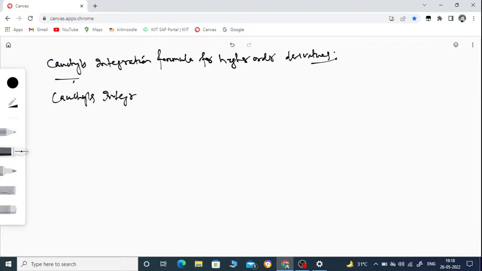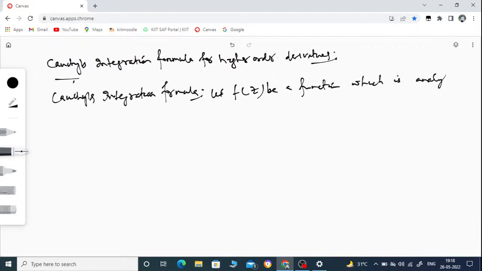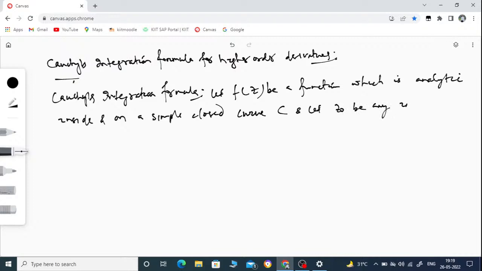We already know from my last class that f of z is a function which is analytic inside and on a simple closed curve C, and z naught is any interior point of C.